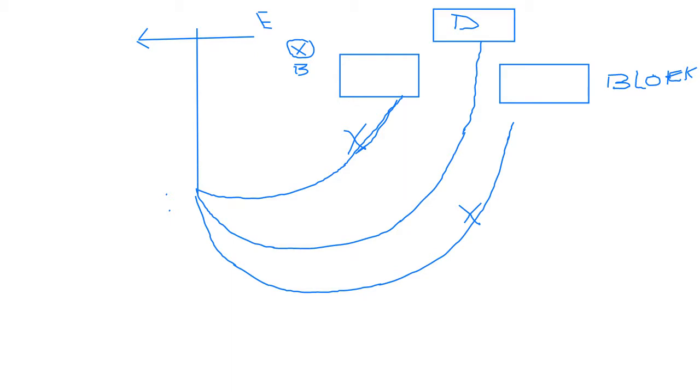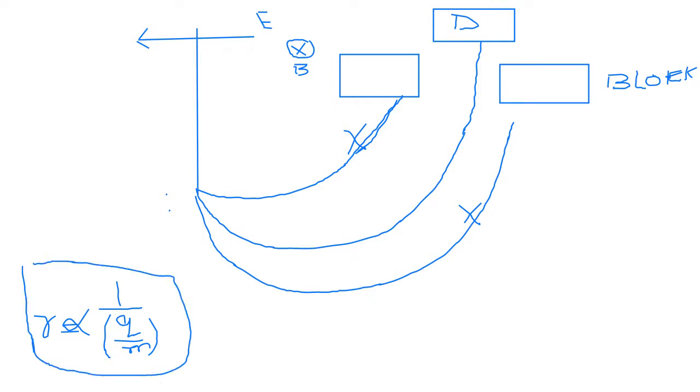What will happen here is that the radius of curvature, the R value, is inversely proportional to Q by M. Is it clear? So you would have this Q by M, which you are talking about.